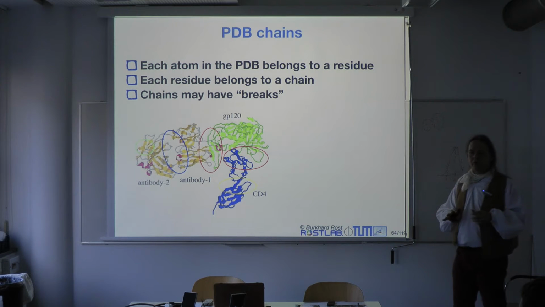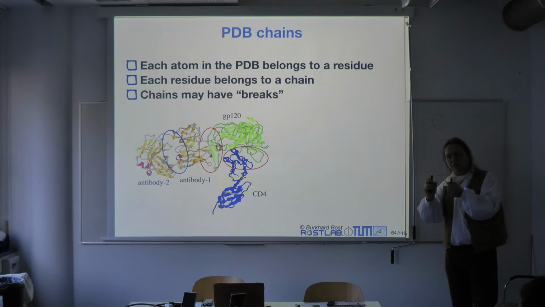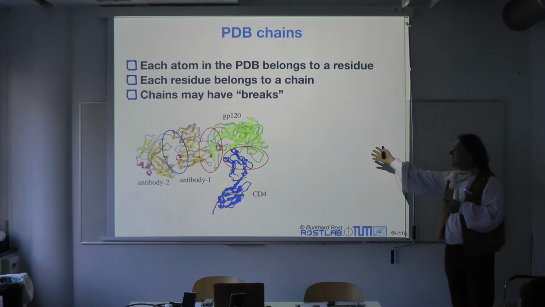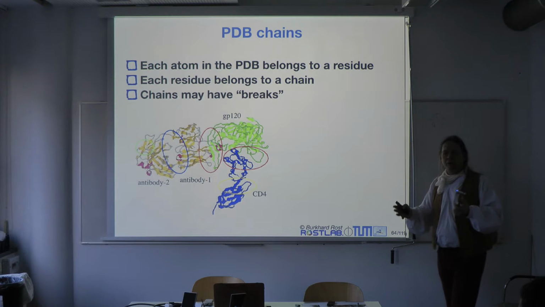Has any of you ever looked at a PDB record? In the PDB record, you have an atom, you have a residue, and you have something that is called a chain identifier. The chain identifier, essentially in a case like this, could be the protein. But it could also be something else.